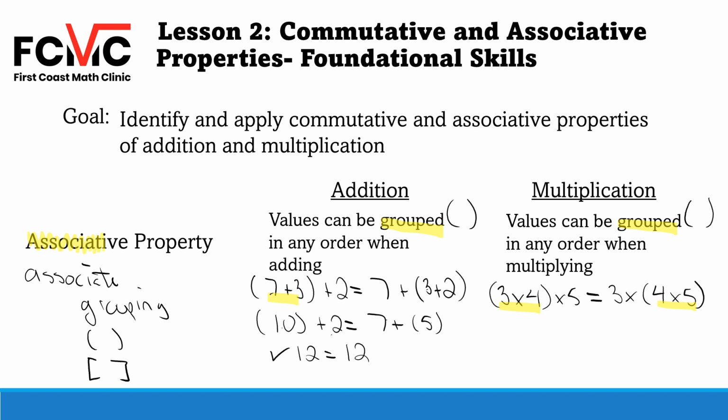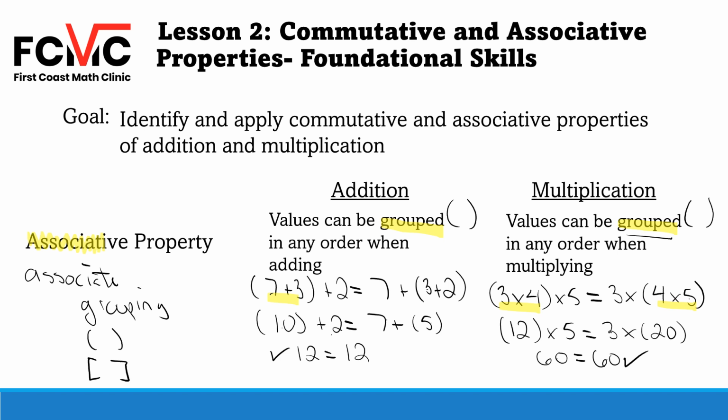So on the left side, let's do 3 times 4 first. We're going to get 12. And then times 5, which we're going to get 60. On the right side, we're going to do 4 times 5 first, which we're going to get 20. 3 times 20, we get 60. So in this example also, we get the same value on the left and the right side. So no matter how we grouped our multiplication, we got the same answer on either side.